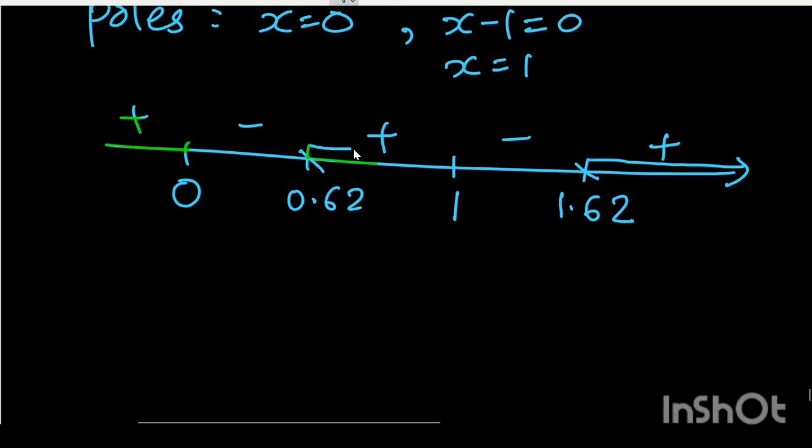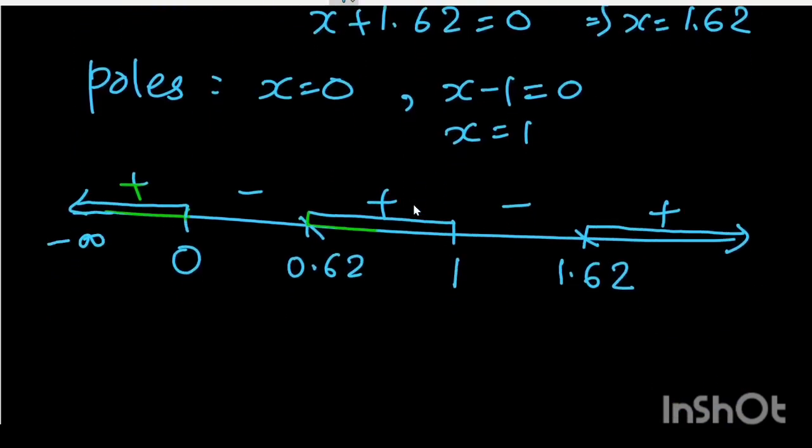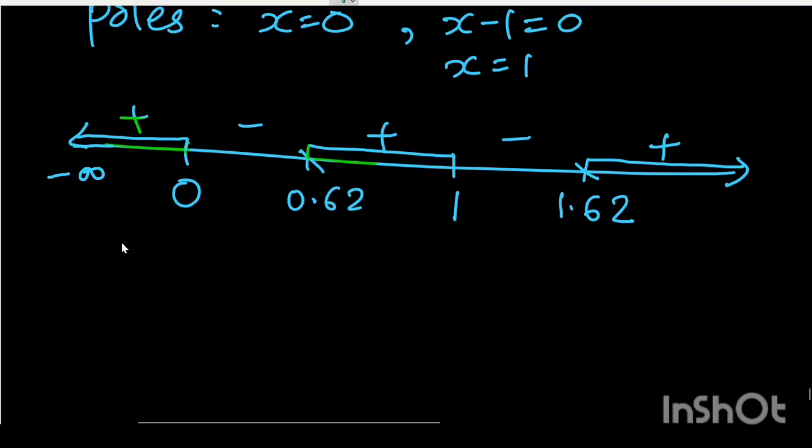So minus infinity to 0. Now equality is not there. The question is not asking for equality, it is asking only for greater than 0. So we will take x belongs to only the plus values: minus infinity to 0, followed by 0.62 to 1, followed by 1.62 to infinity.